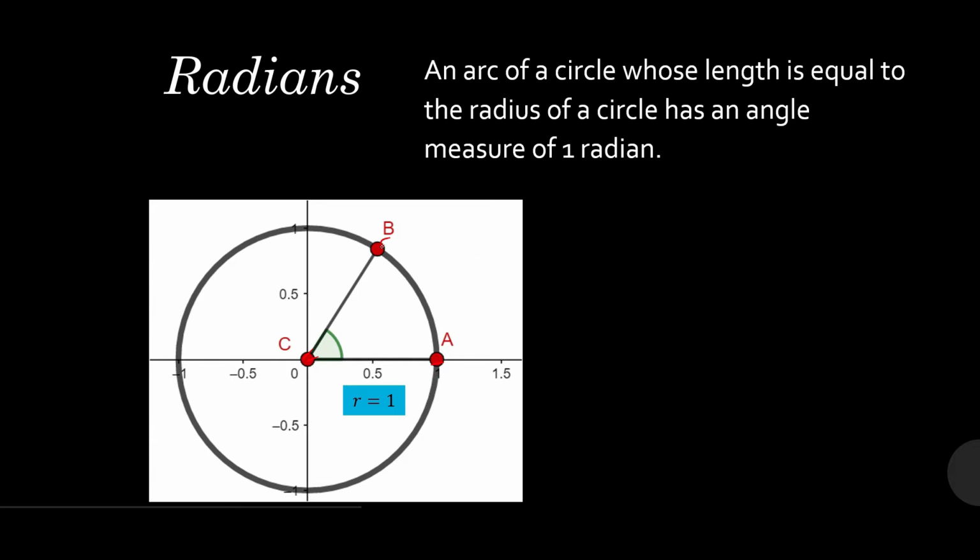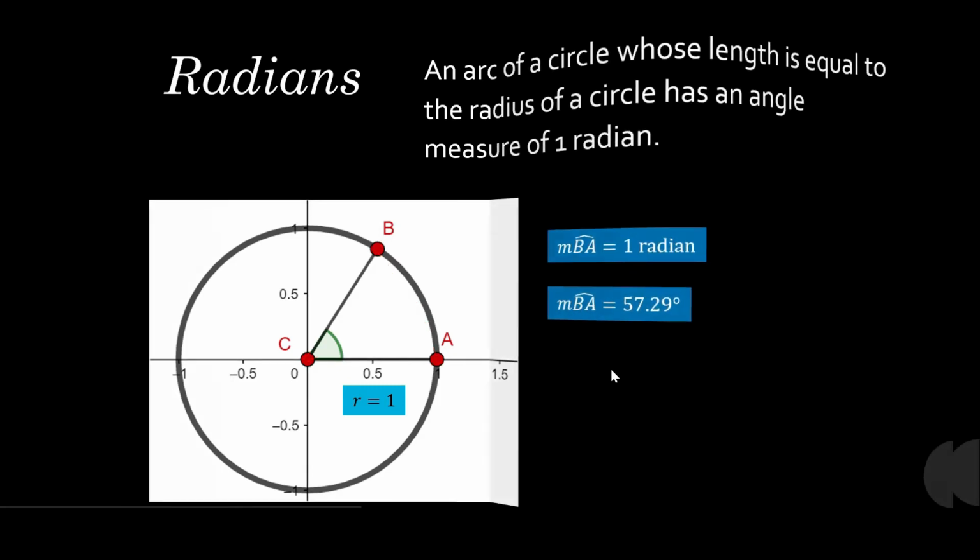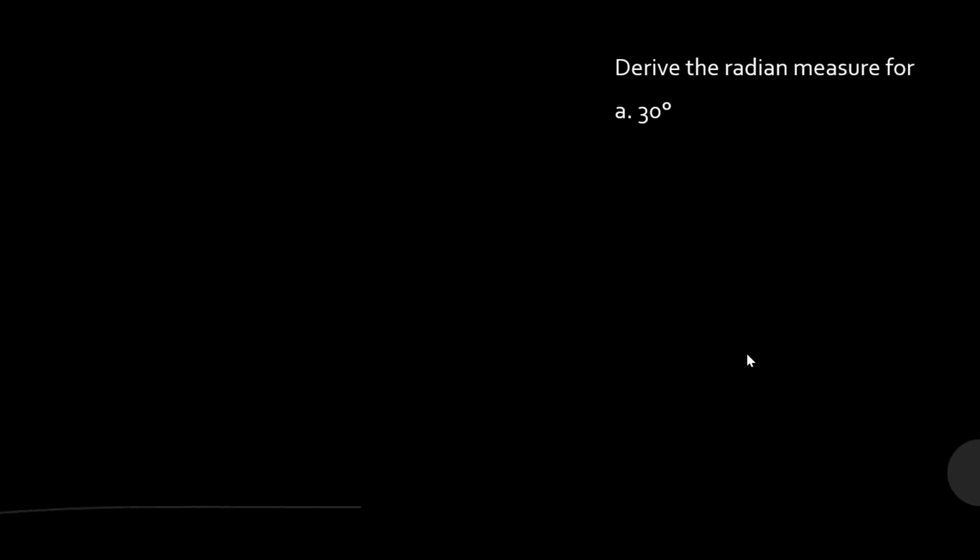And so if this arc also has a measure of 1, then we say that the measure of this angle is equal to 1 radian. This is our notation for the measure of an arc with endpoints B and A. And 1 radian, in fact, is approximately equal to 57.29 degrees.